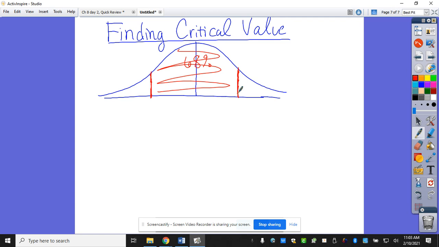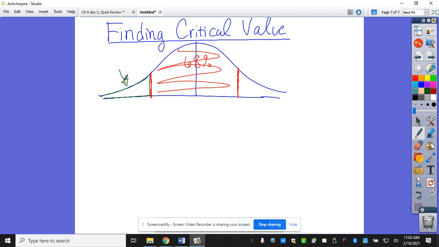Our green sheet only shows us the area to the left. So I want to find area to the left. So let's say theoretically, I want to find this area right here. I've got to know what that area is to find my z-score that goes with it.